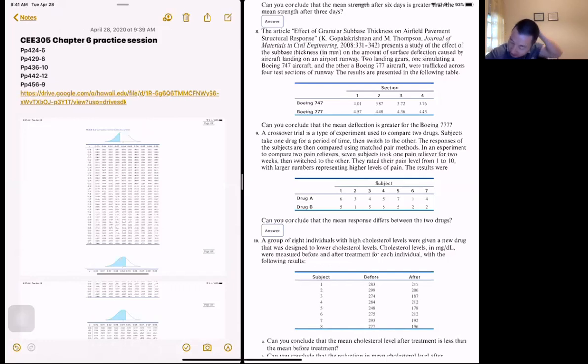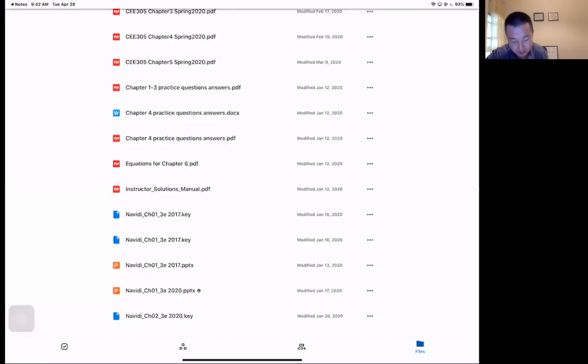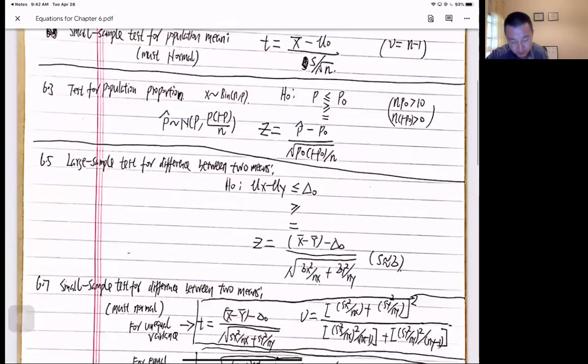So this is paired data, like we compare the wear of a new tire versus an old tire. So we install a new tire and an old tire on the same car. So this is a classic example of paired data. So let's see what equation we're gonna use.